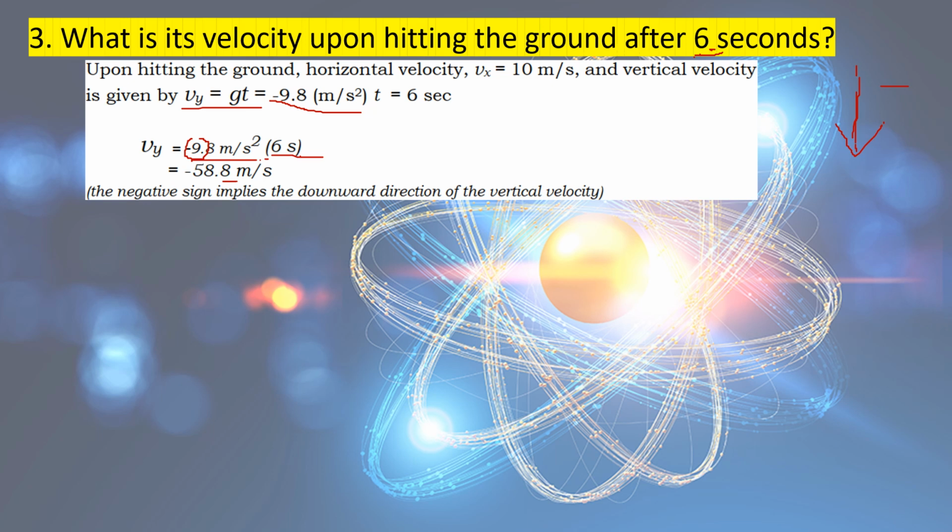For the unit, copy the meter. For the second, we have the exponent 2 from the 9.8, minus the exponent 1 in 6 seconds. So 2 minus 1 is 1. Therefore, meter per second is the unit that remains. So the vertical velocity of the stone is negative 58.8 meters per second.